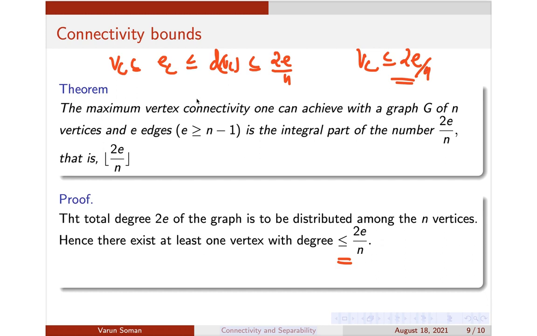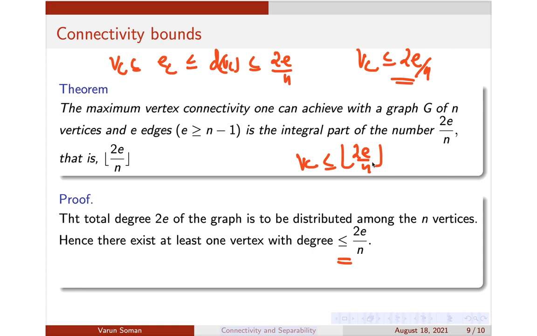We have told you that the maximal vertex connectivity possible is the integral part of 2e by n. We have actually shown that the maximal vertex connectivity possible is less than or equal to 2e by n. And since vertex connectivity is a number, it means that vertex connectivity is less than or equal to the integral part of 2e by n.